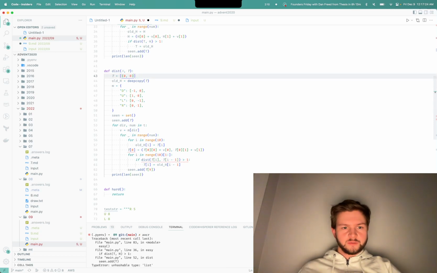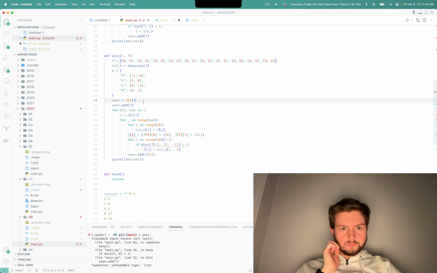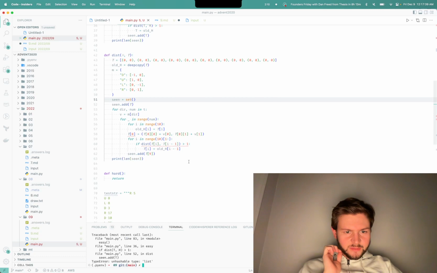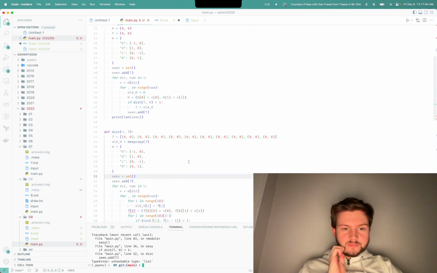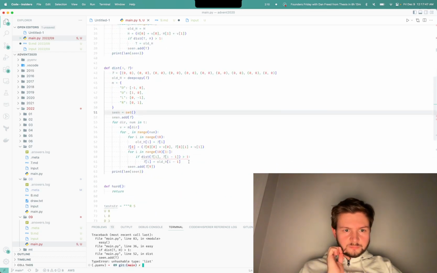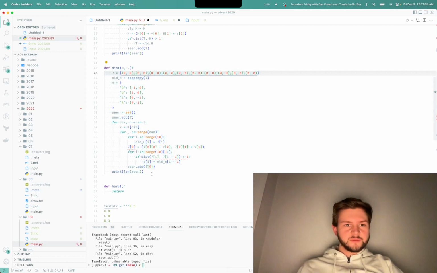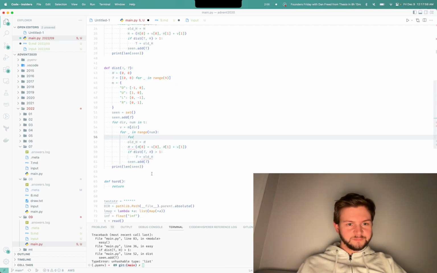Okay, how about we just copy this? 1, 2, 3, 4, 5, 6, 7, 8. But it's in the easy. Like, no, this is what I don't get. I didn't even change the easy. Wait, how did this happen? I'm supposed to change the hard, and I'm changing the dist method.